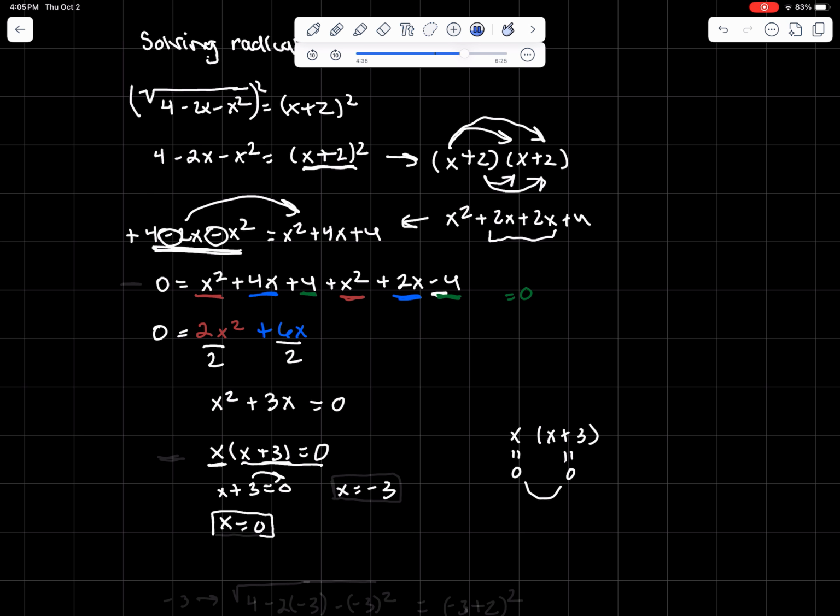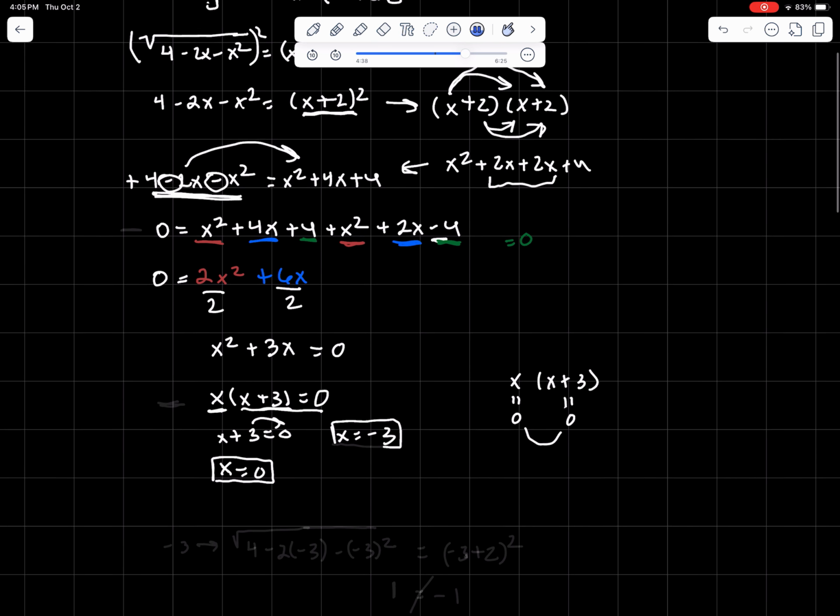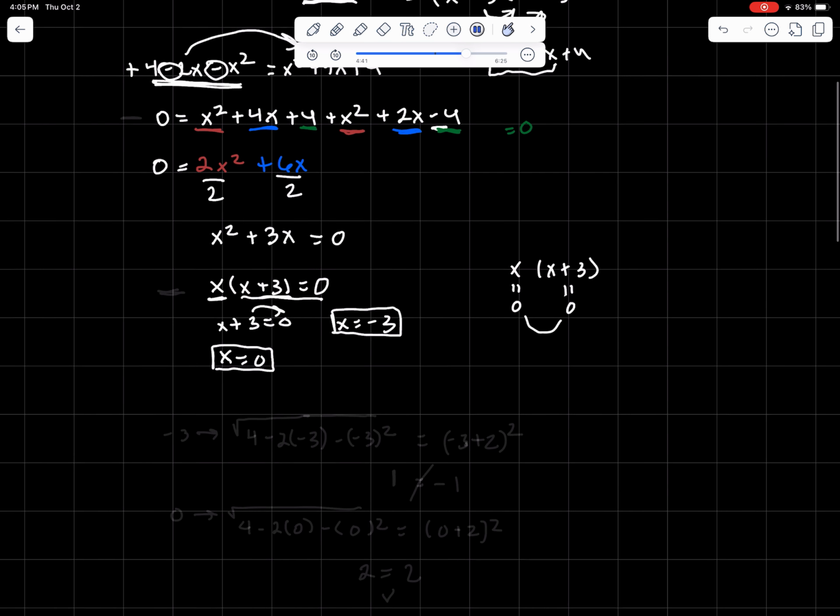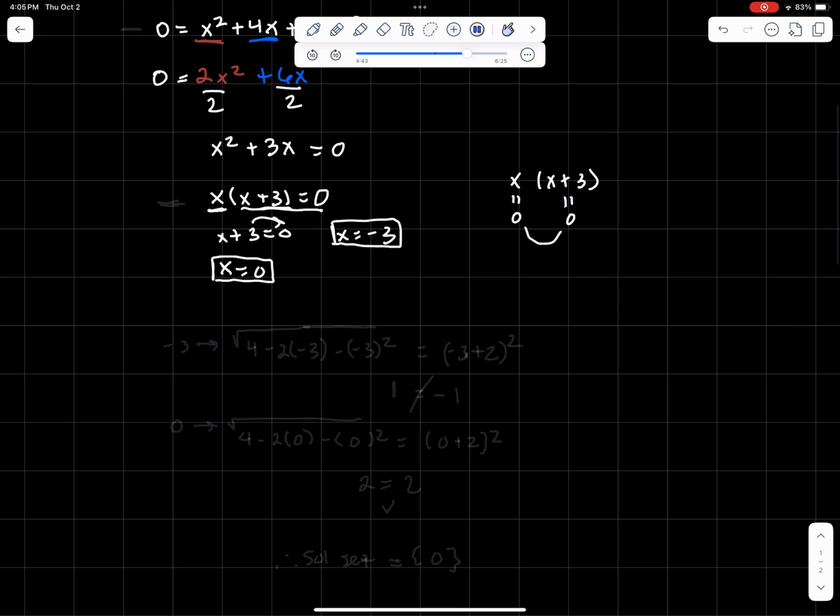So these are our two solutions, but we have to check them to see if they are a solution. How we do that is by putting them back into our original equation. Let's do negative 3 first. So the square root of 4 minus 2 times negative 3, minus negative 3 squared.